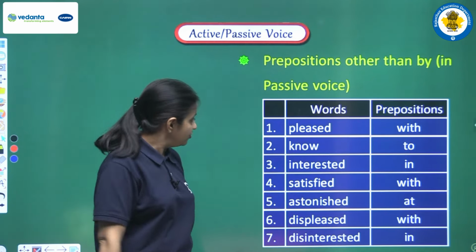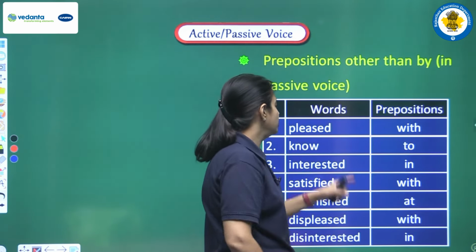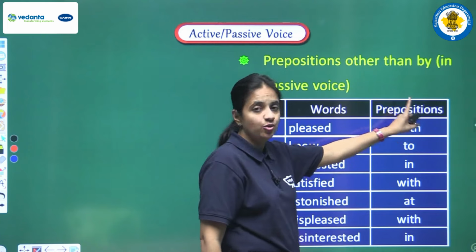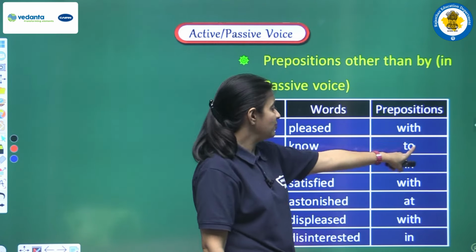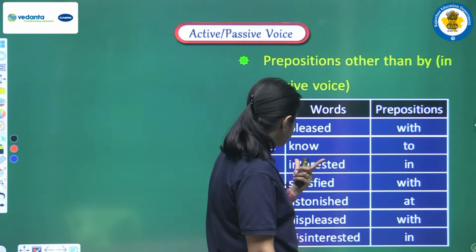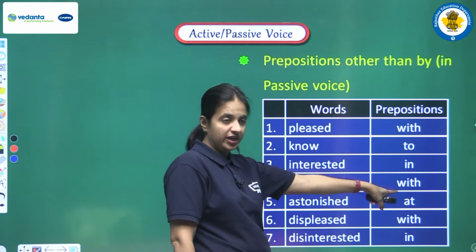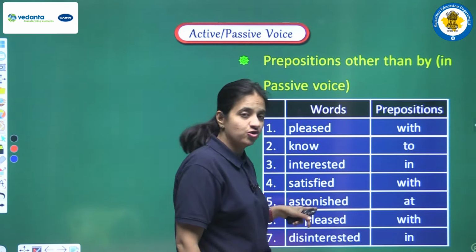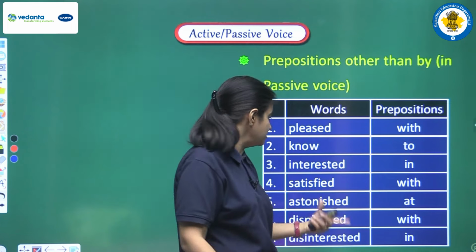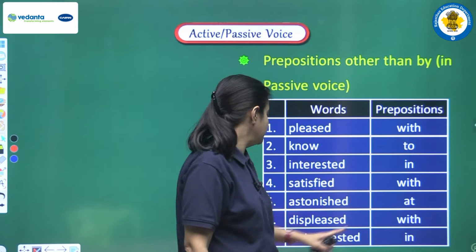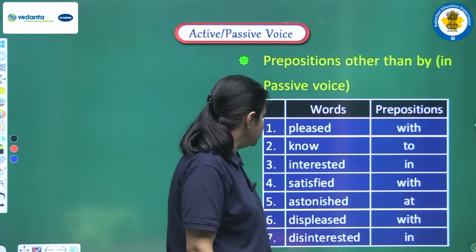So let's read. First of all, we have pleased. If we have pleased, we have to write with. No, with this we have to use to. Interested will be there with in. Satisfied with. Astonished. Astonished is a synonym of surprised. So with astonished, at. Displeased with.